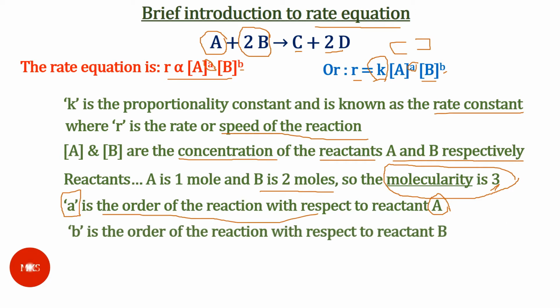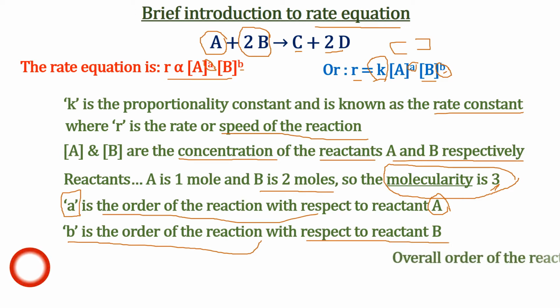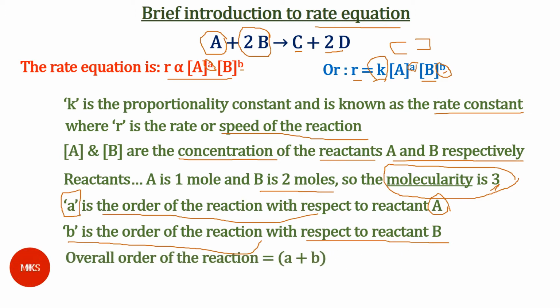Similarly, the small b, which is raised over the concentration of the reactant B, is the order of the reaction with respect to the reactant B. Now, the overall order of the reaction is the sum of a plus b.